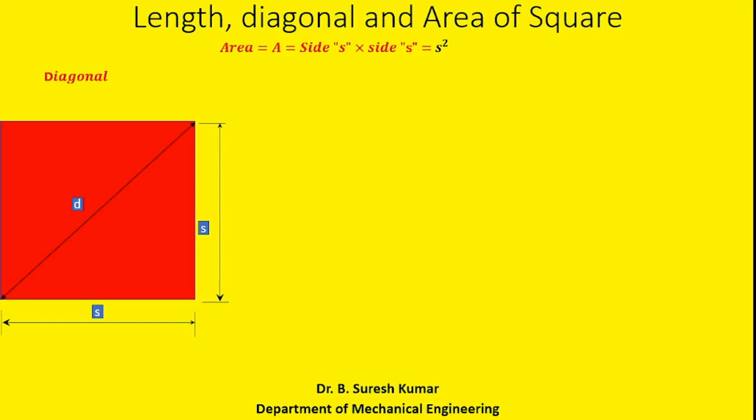And then what is the formula for the diagonal? Already I told you the square can be divided into two right triangles.